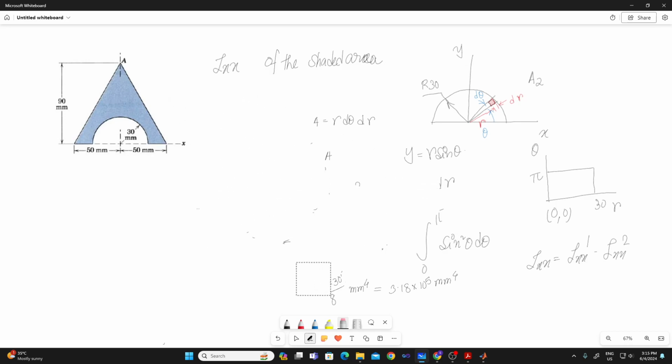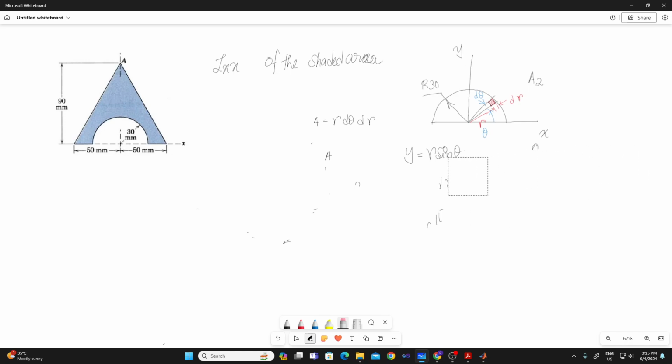So, for this geometry, get the Iyy value for the composite geometry.